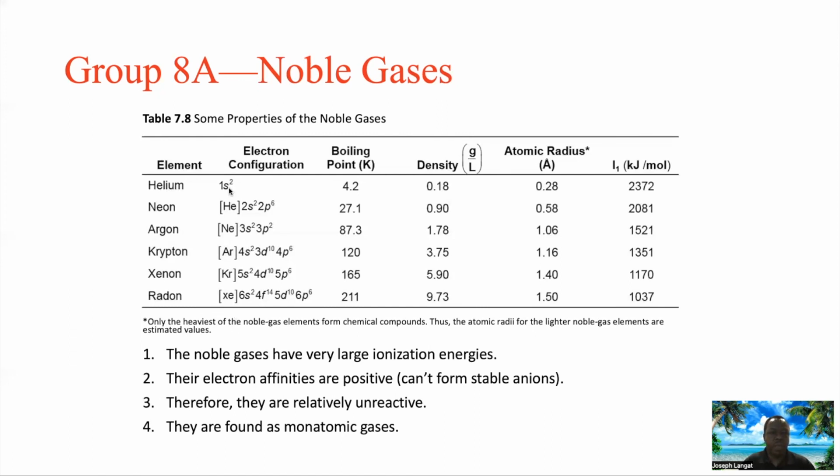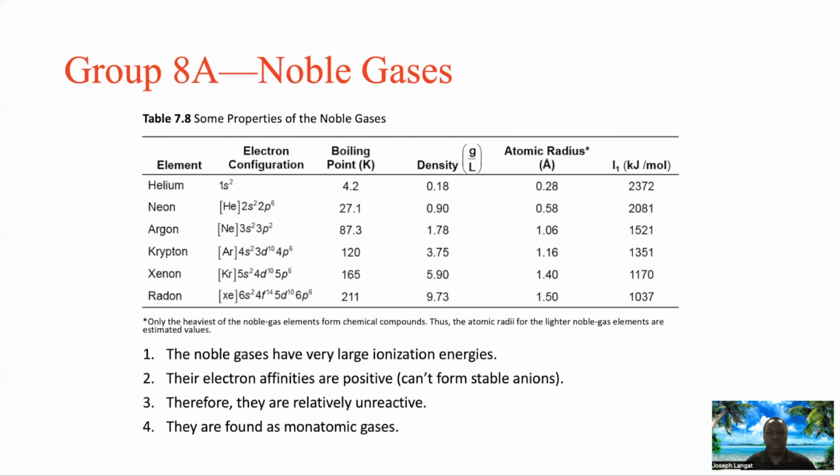Nonetheless, if you look at the outermost shell, they are filled. 6 plus 2 is 8, 5 plus 2 is 8. They are inert. The noble gases have very large ionization energy, which means it's hard to remove an electron, because of the effective nuclear charge.